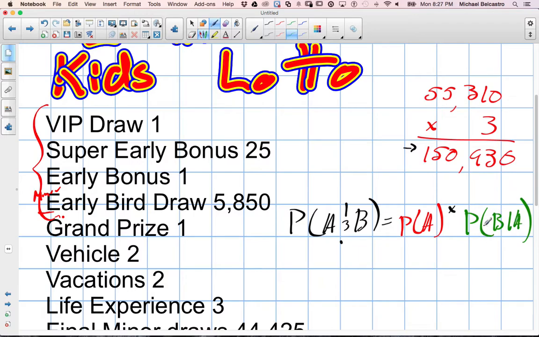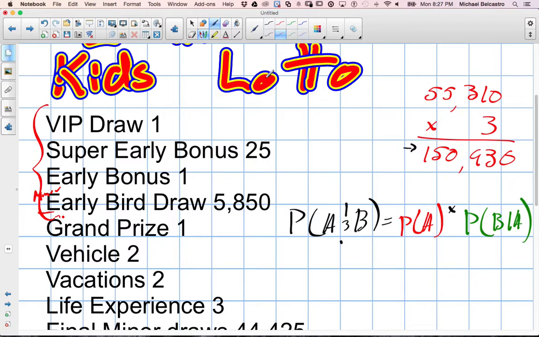Okay, so this looks a little funny. That's a line in between, saying given that A has occurred. And in most lotteries where they're pulling tickets out of something, this is how they're run. They're dependent events.